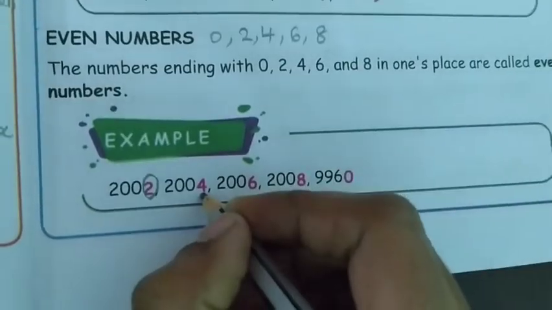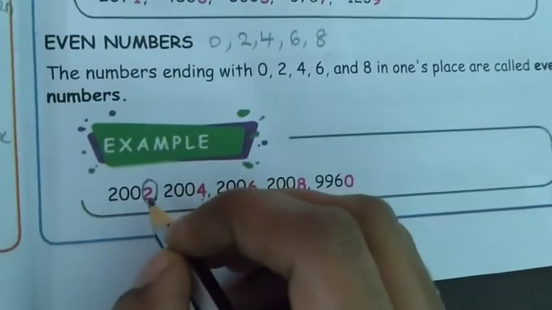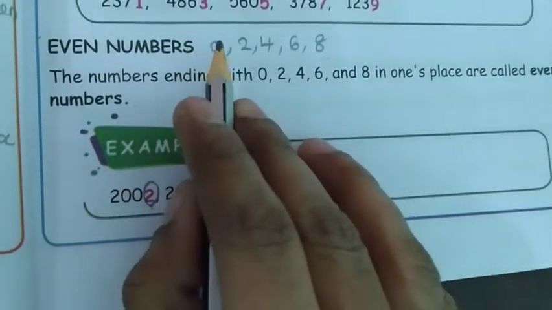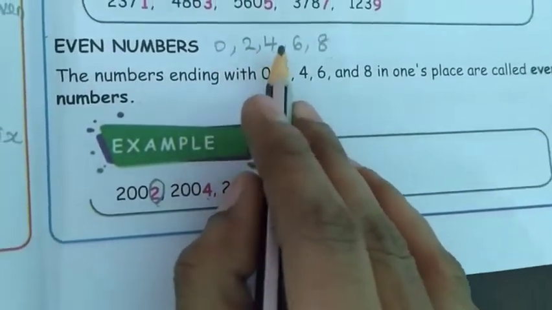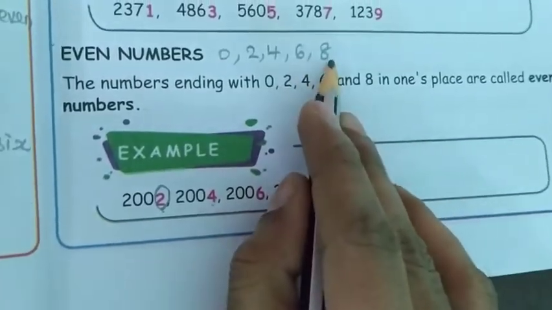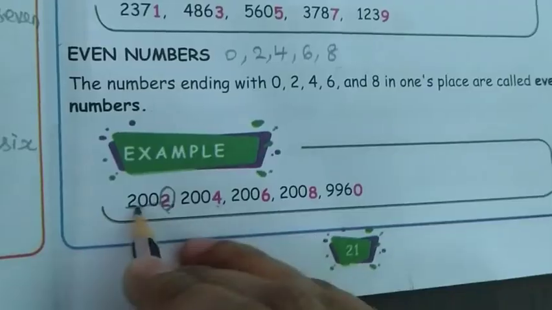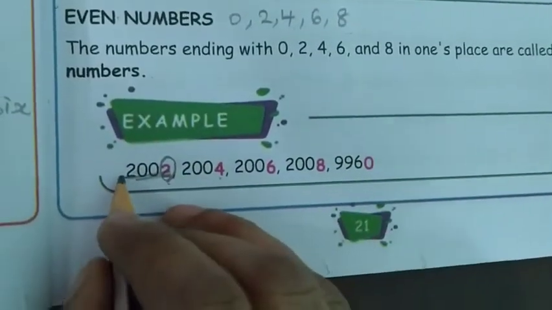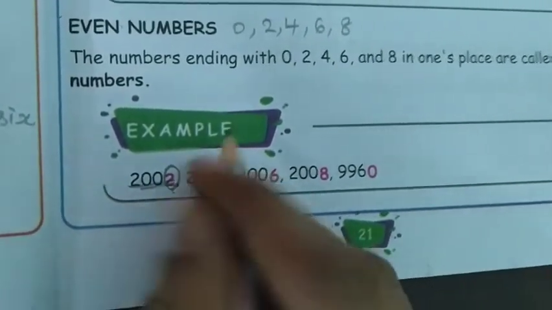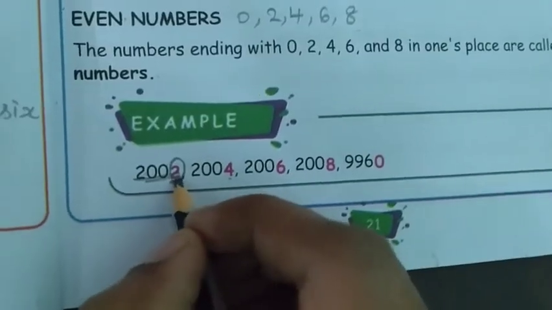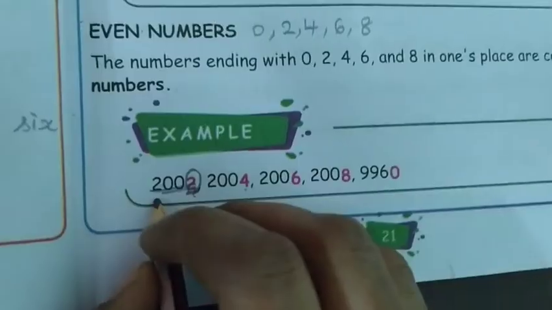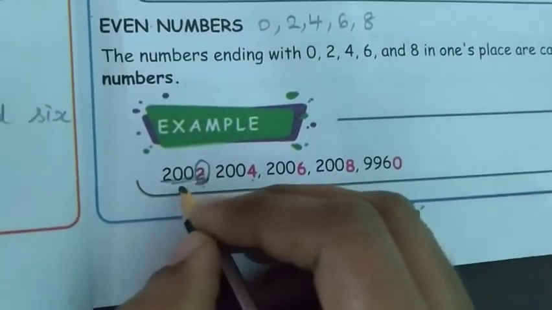Suppose in the ones place there is 0, 2, 4, 6, 8, then that number is considered an even number. For example, here see 2002. In this number, the last digit is 2. 2 is an even number. So 2002 is also an even number.